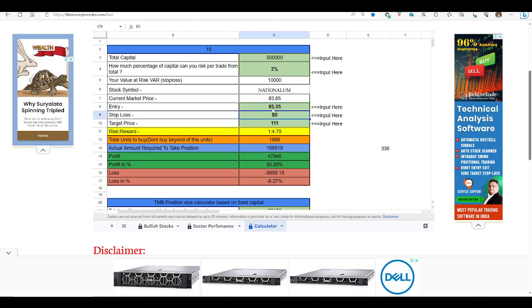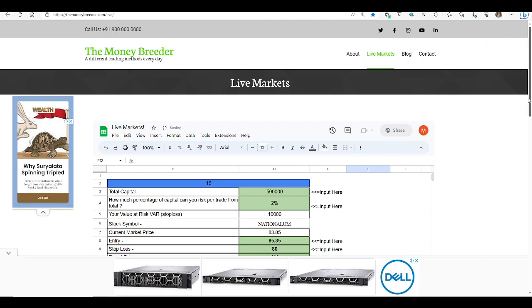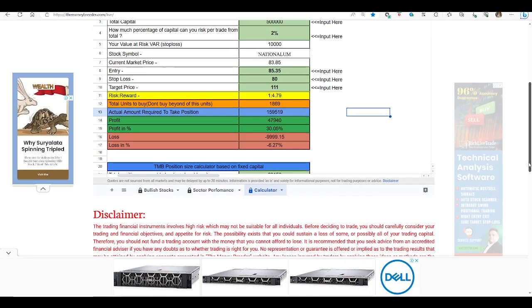The stop loss is still the same, and the target is still 111 only. Now with this position size, how much is it showing? Now 1864 stocks it is showing. This 1864 stocks we are supposed to buy for taking the risk.